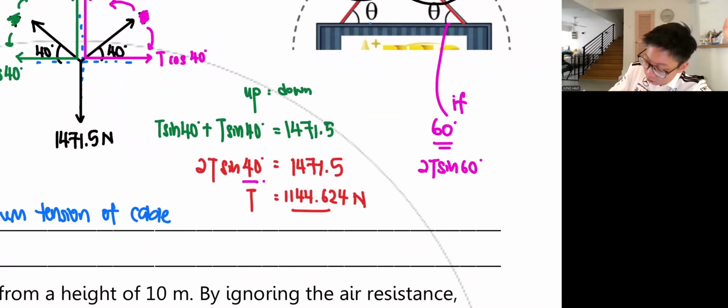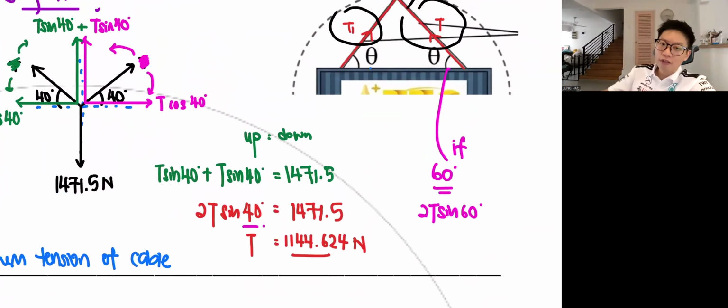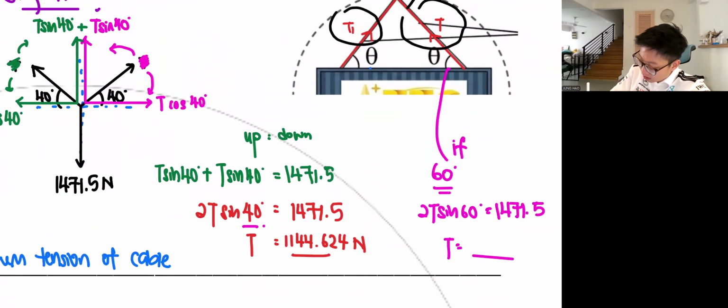If I use 60 degree to calculate, just imagine lah, instead of 40 degree, they change it to 60 degree, equals to 1471.5. Can you tell me what is this tension? I will get 849 point something Newton.